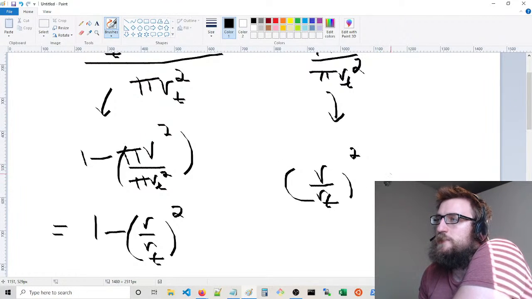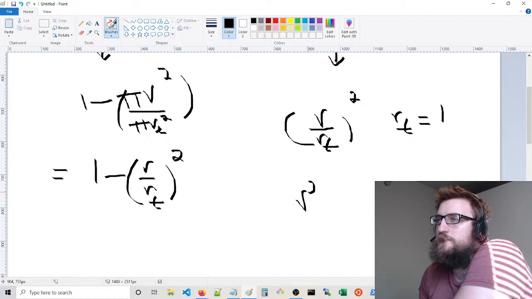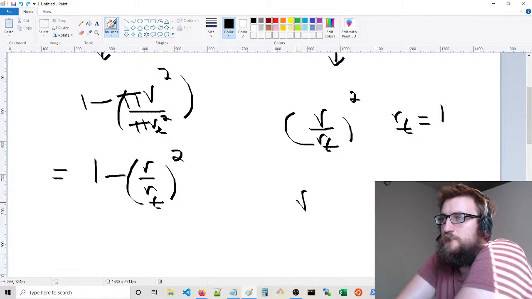And if r total is 1, this is just r squared, right?